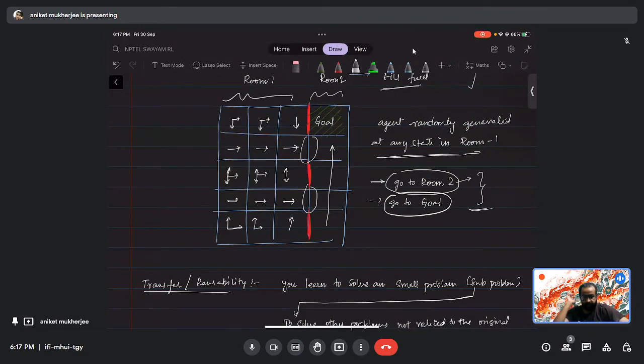So in this example, a reward function of -1 for every state and plus 20 or plus 10 for reaching room 2 could help you solve subproblem 1, which was going to room 2.